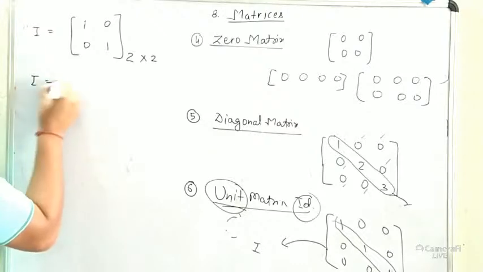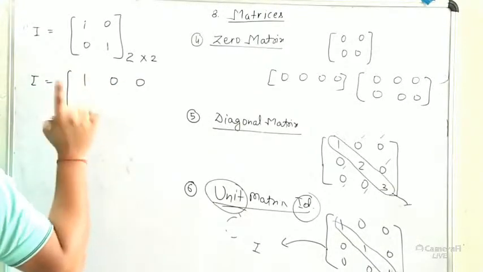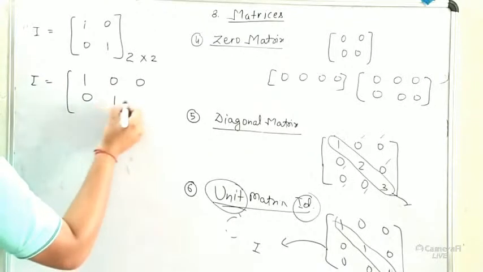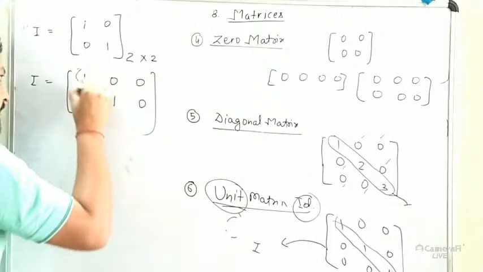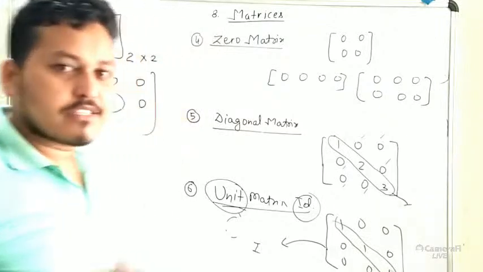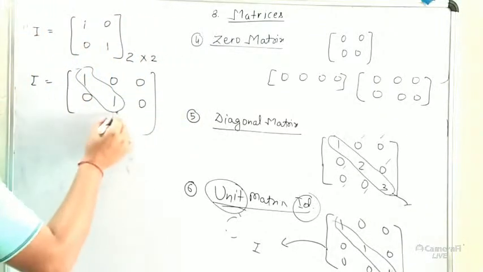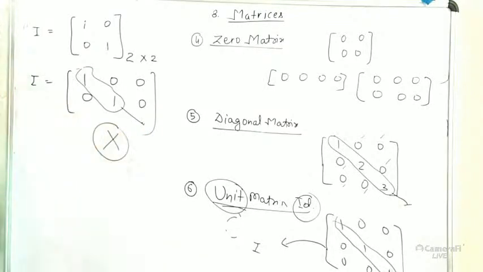Next, the second example is 1 0 0, then 0 1 0, 1 0. You may say this is on the diagonal, but it is not making a complete diagonal. The diagonal should have come up to here. So this is not an identity matrix.